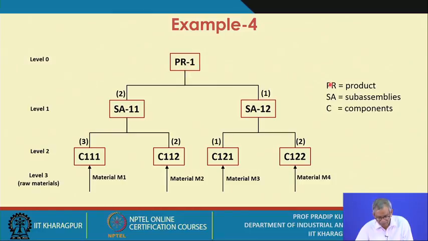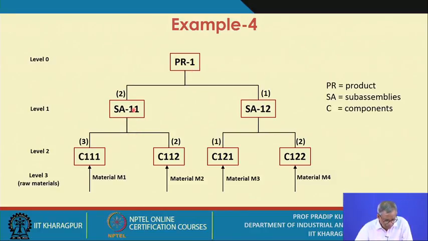PR stands for product, SA stands for subassemblies and C stands for component. In order to produce 1 unit of the product or end item, you need 2 units of subassembly 11 and 1 unit of subassembly 12. So, this is level 1. For these 2 subassemblies, the parent item is the end product PR1.